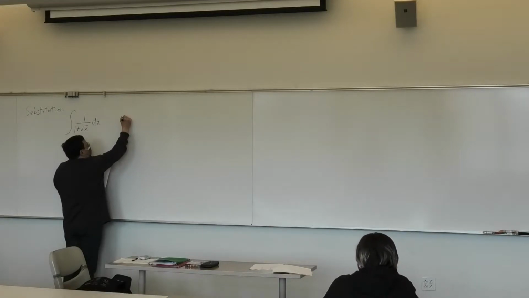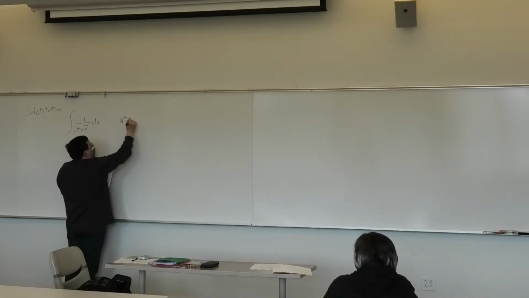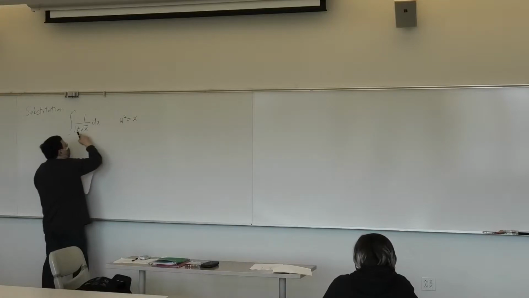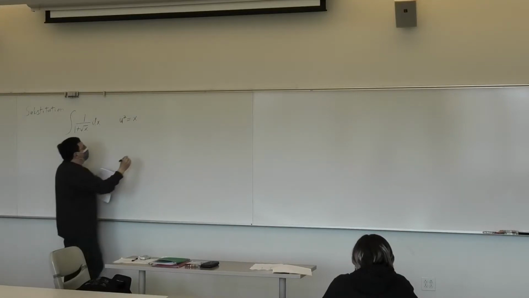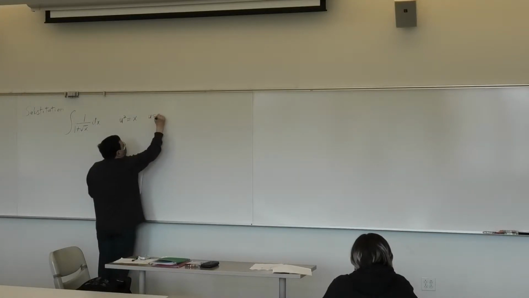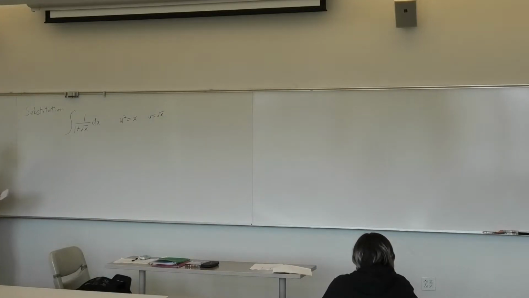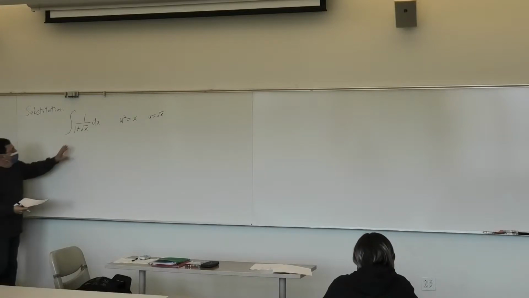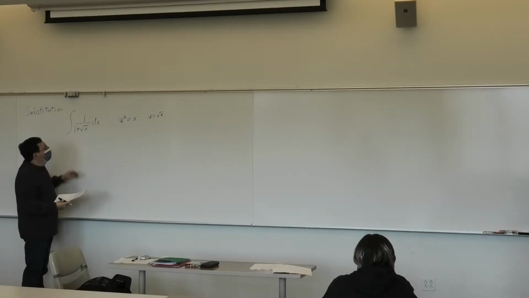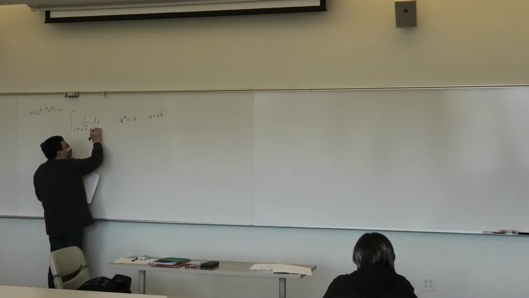We could take a u that will make the square root disappear. So we're going to be able to substitute that in. But what are we going to do about dx?